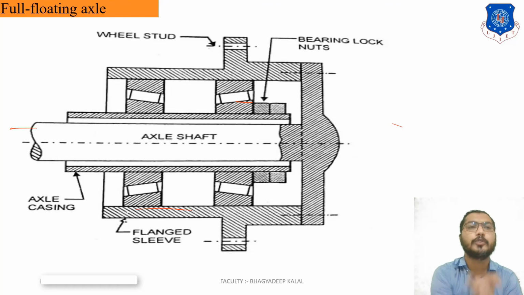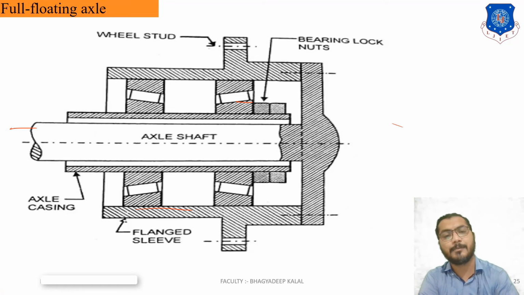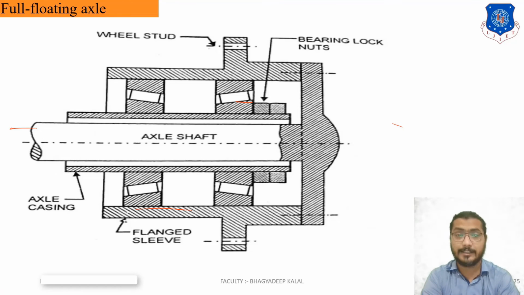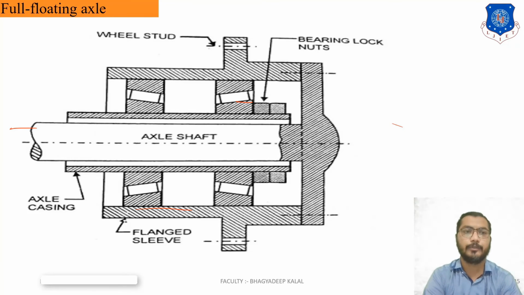You can easily tow that vehicle, and go to service or repair centers by towing it. But it is not so in semi-floating axles, because in semi-floating all the loads are carried by the rear axle. These are the full floating axles.